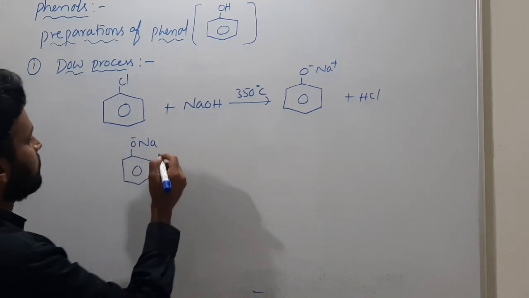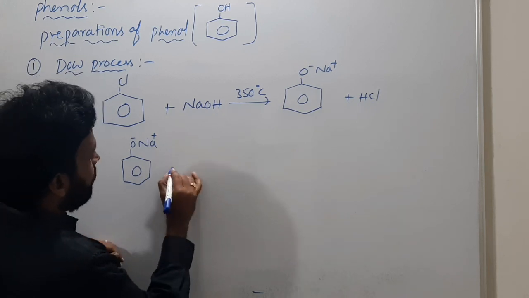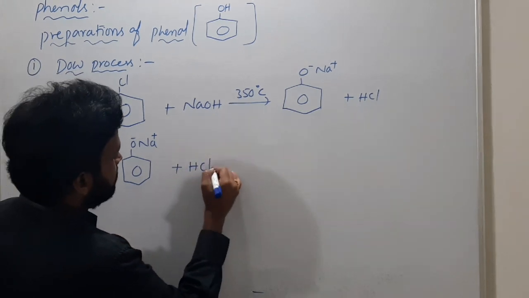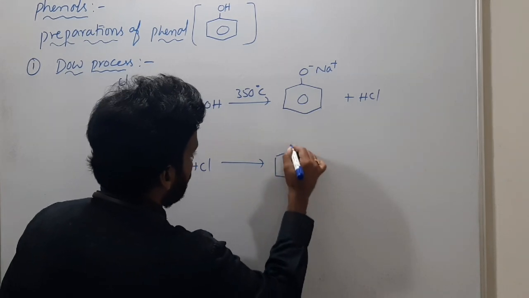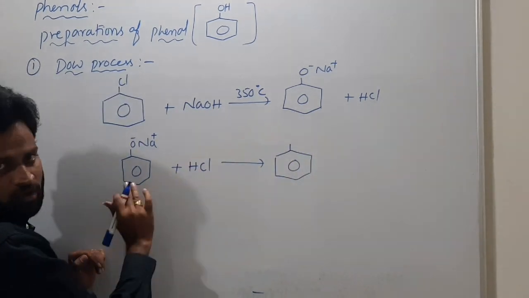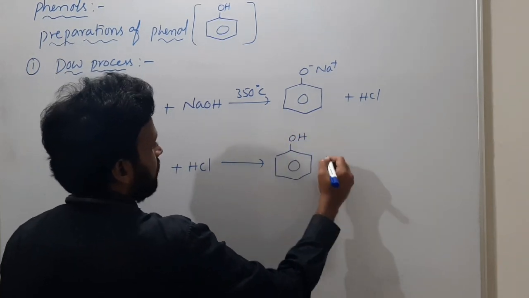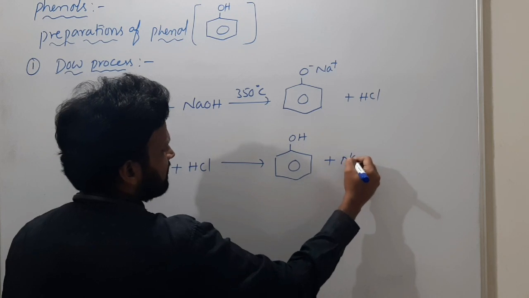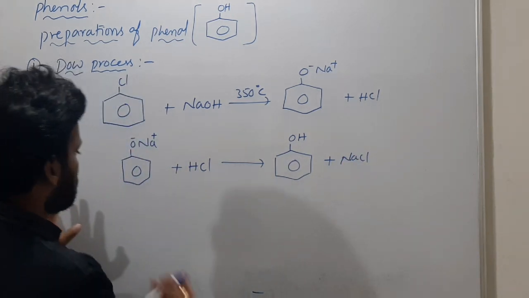Sodium phenoxide, C6H5O minus Na plus. When this reacts with HCl, then you will get phenol, C6H5OH. Phenol won't form directly, sodium phenoxide will form first, and then you get phenol plus NaCl. Got it? So you know this already.